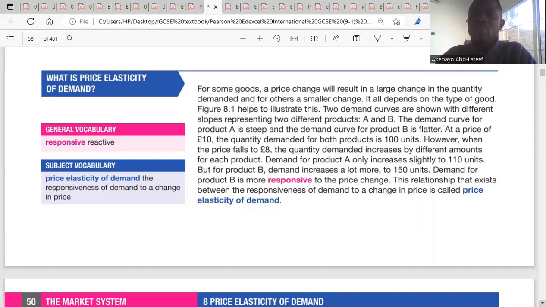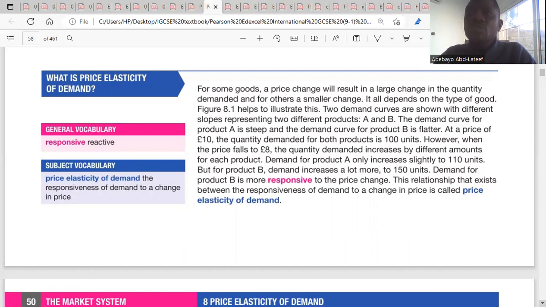Since the market forces determine price, prices could change. So if prices change, how do customers respond in the market? That is what price elasticity is about.